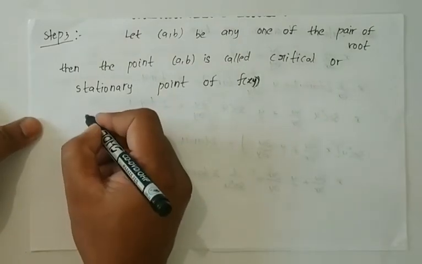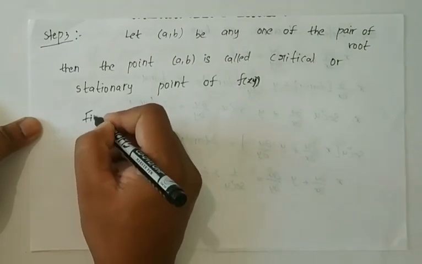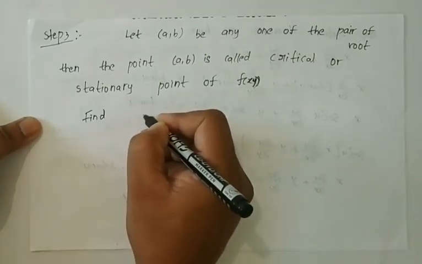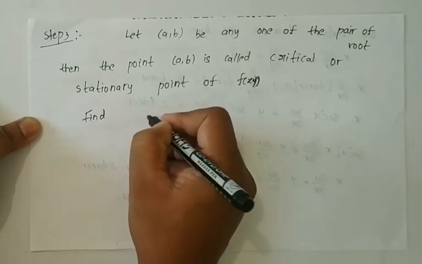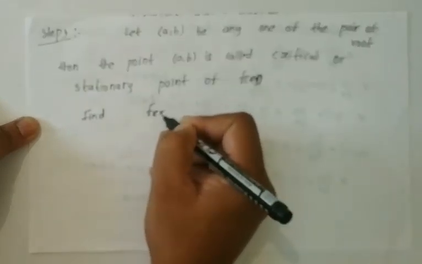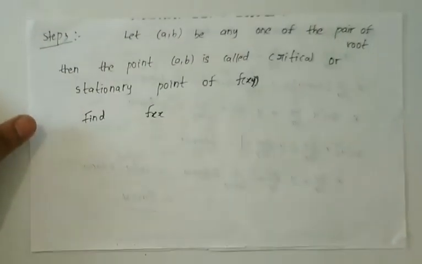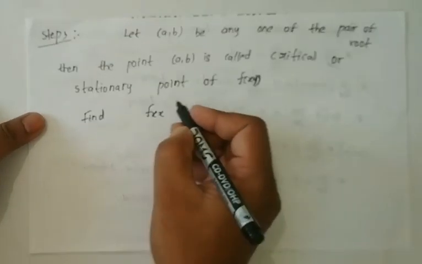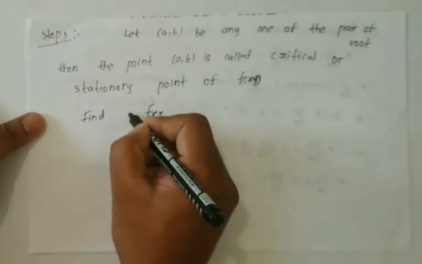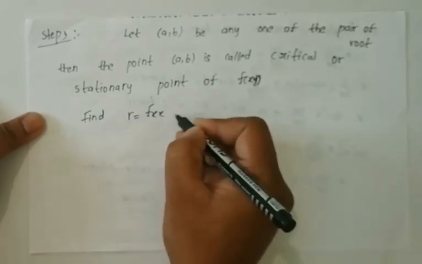In step 3, write down: find fxx, which means dou square f by dou x square, and this is nothing but r.